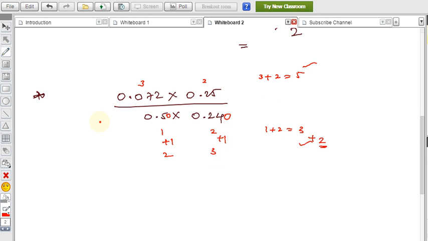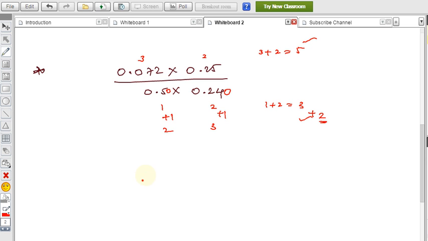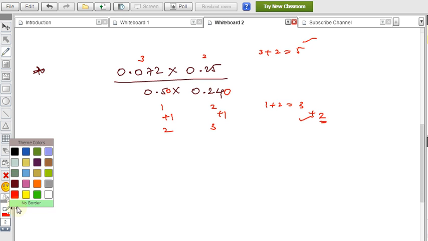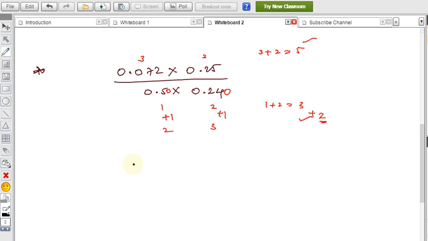Just remove the point, and without the point write the number. So that number starts with 72, 72 into 25 by 50 into 240.